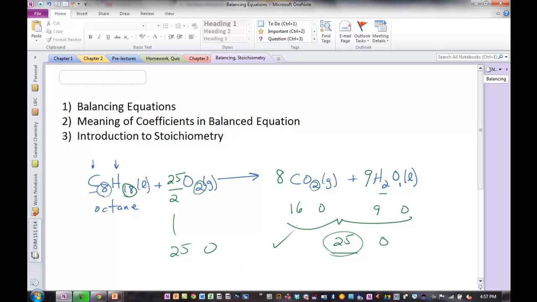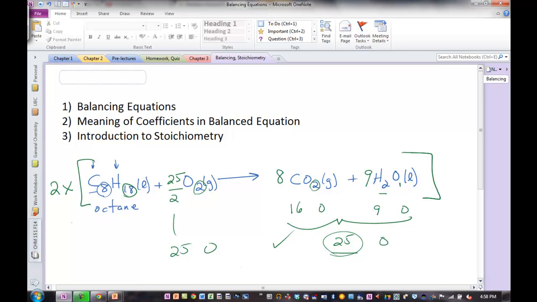Now, typically we balance equations with what? Whole numbers. And I think you can see that we need to multiply by a simple factor to get to whole numbers. That factor would be a factor of 2. So we're going to multiply all the coefficients by 2.